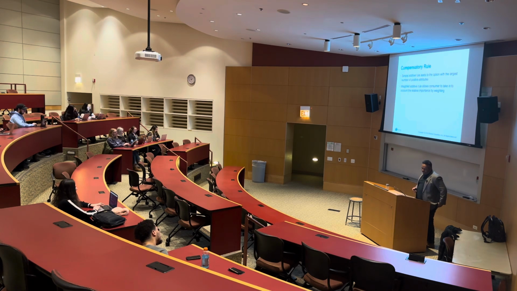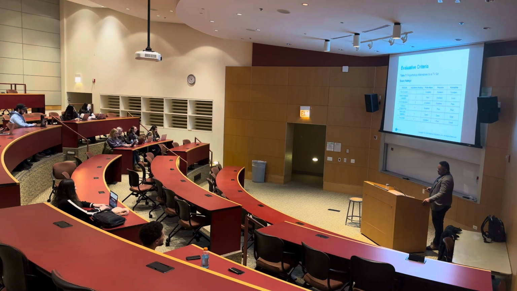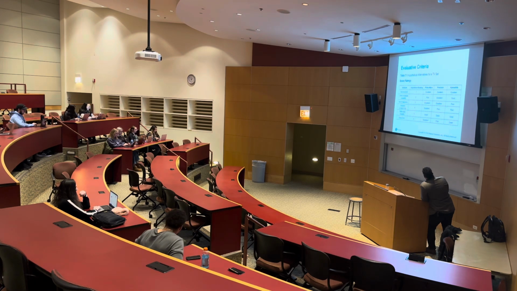Compensatory rule. The simple additive rule leads to the option with the largest number of positive attitudes. So let's go back to this. Largest number of positive attitudes. Prime Wave has 1, 2, 3, 4 excellent. Precision has 1, 2, 3 excellent. Sheeta has 1.